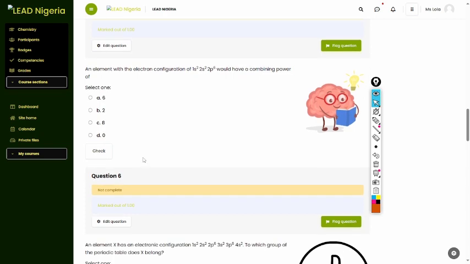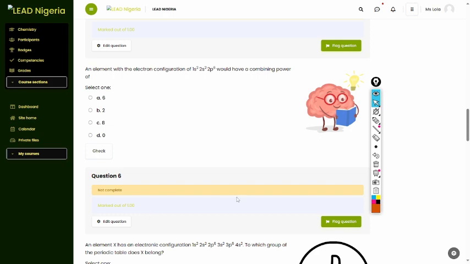Okay, an element with the electronic configuration of this would have a combining power of. The combining power can be gotten from the number of valence electrons of an atom. And valence electrons refer to the total number of electrons in the outermost shell or the highest shell of that atom.